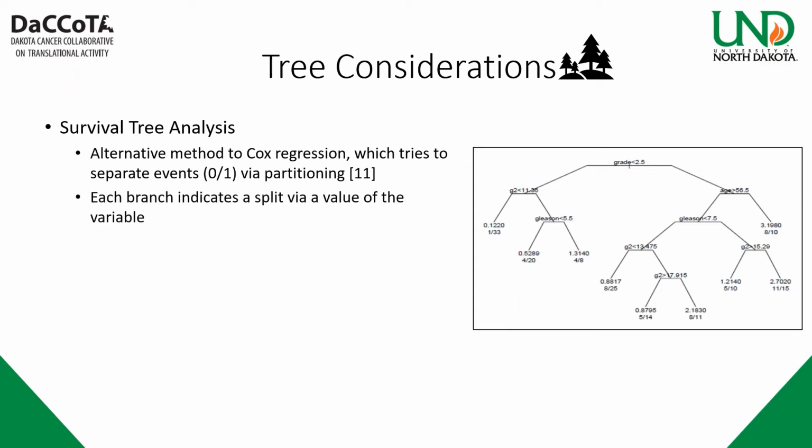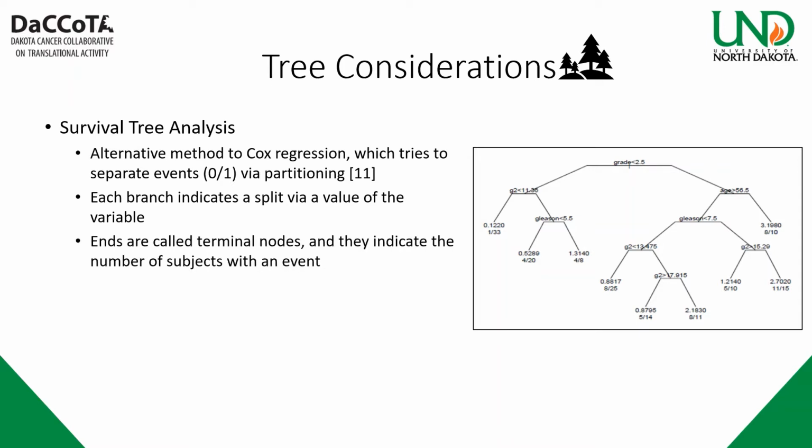Each branch indicates a split via a value of the variable. So the root of the tree was split by grade, like a tumor grade. And on this branch, it looks like G2. I think that's something to do with cell division. Age was over here, and so on and so forth.